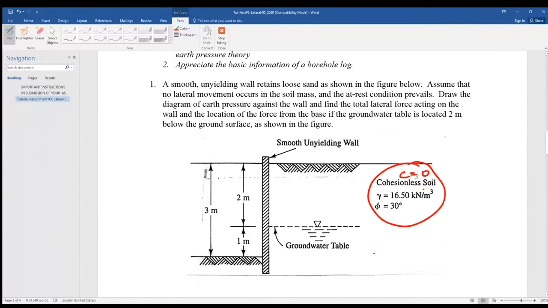Okay, and that's the GWT, groundwater table, at 1 meter above the base of the excavation. So what you're going to do is draw the earth pressure diagram, and then find the total lateral force and the location of this force, right?